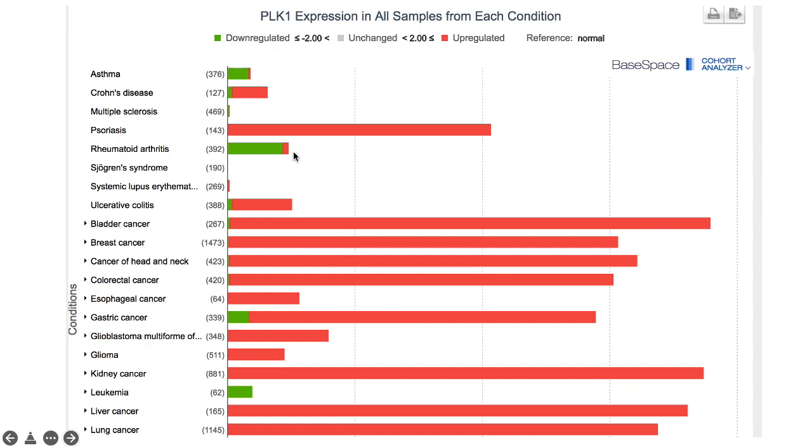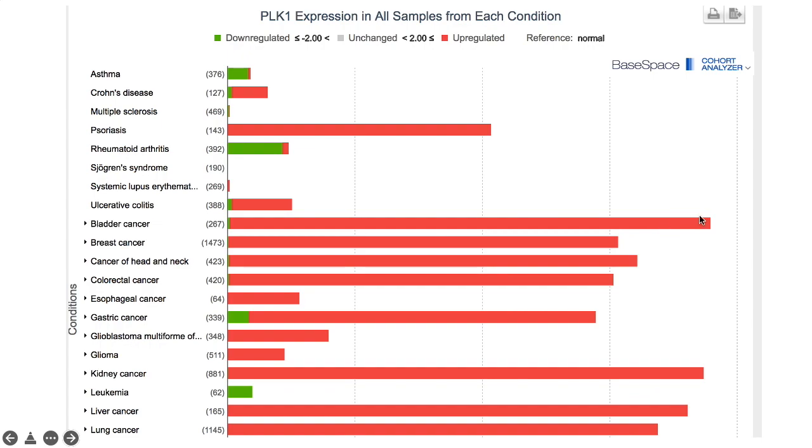So basically what this is showing you is different cohorts. These are the diseases on the left, and over here is 100% of the samples. If it's red, that means in that percentage of samples, this gene was overexpressed, and if it's green, it was underexpressed compared to normal. As you can see, if we go through all of these, we're seeing a ton, in most of the samples, especially bladder cancer, look at this one.